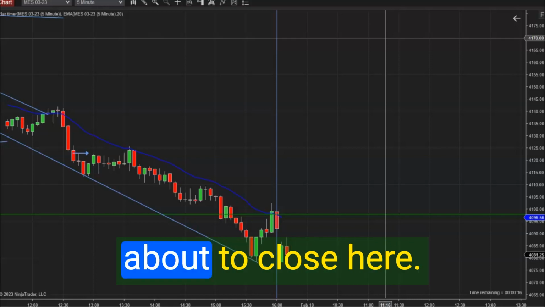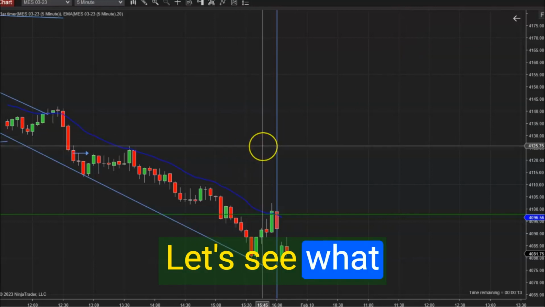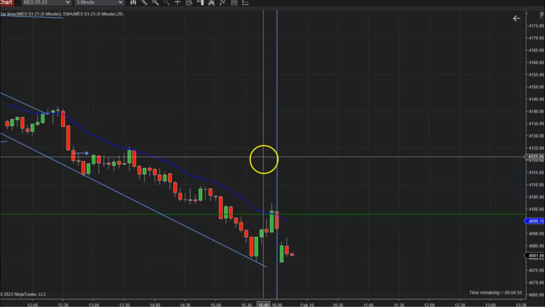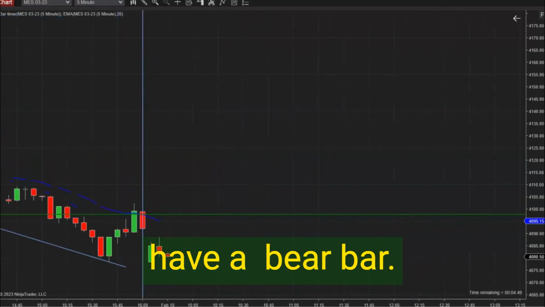All right, so this bar is about to close here. We've got about 15 seconds left. Let's see what happens here. All right, so we have a bear bar.